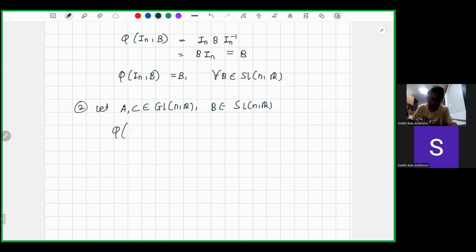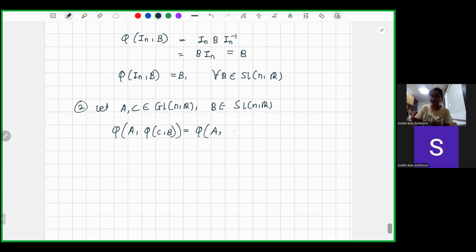Then phi of A comma phi of C comma B will be phi of A comma CBC inverse, and phi of A will give A CBC inverse A inverse.